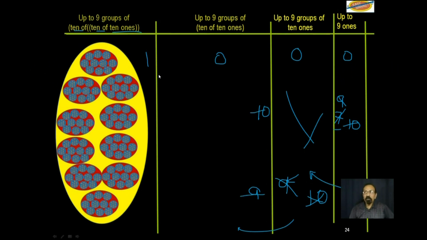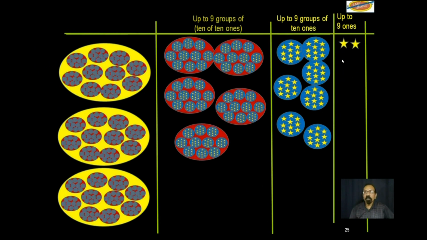So 1,000 means one group of 10 of 10 of 10. No group of 100, no group of 10, and no ones. Let us say we kept counting stars and we now have three groups of 1,000, 10 of 10 of 10s. We have five groups of 10 of 10s, that's 500. We have seven groups of 10, and we have two here.